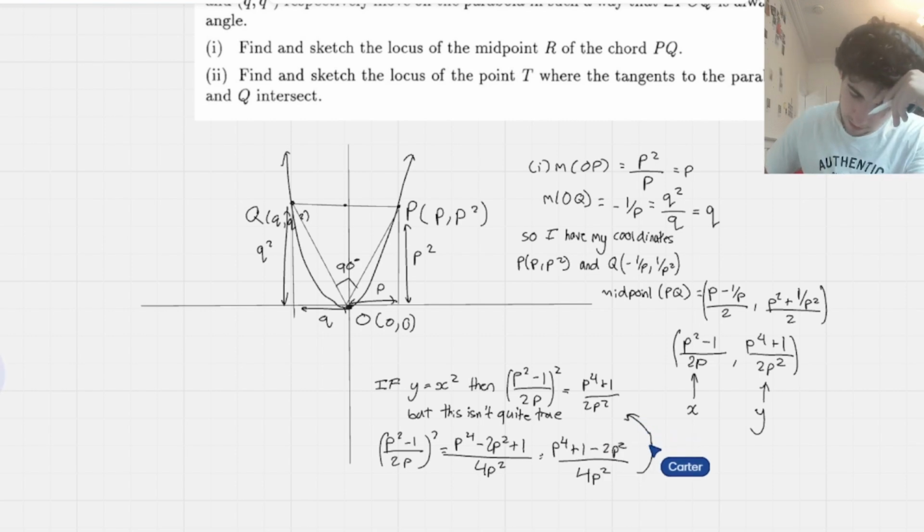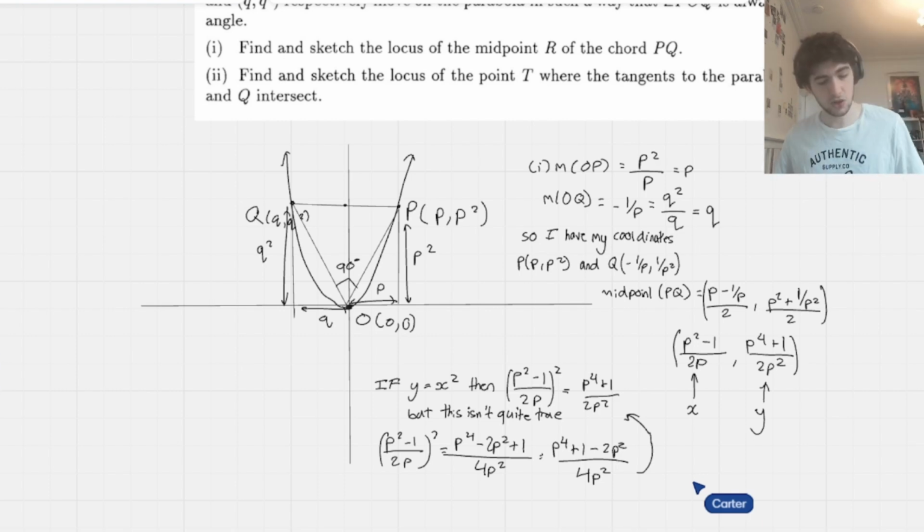I guess, how exactly is this similar? It's kind of tricky to put your finger on. But maybe I can try and multiply this by 2.